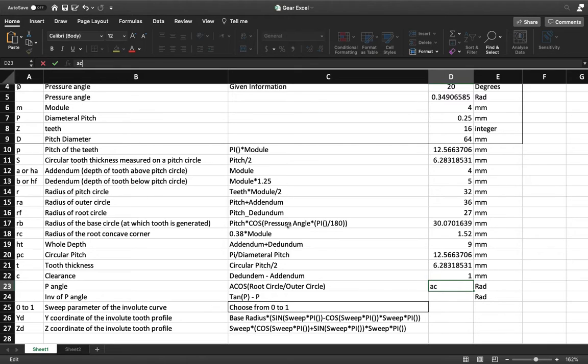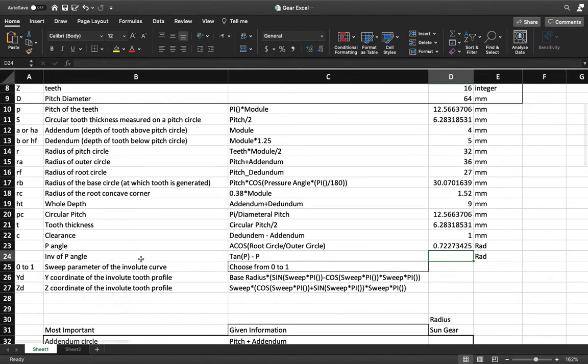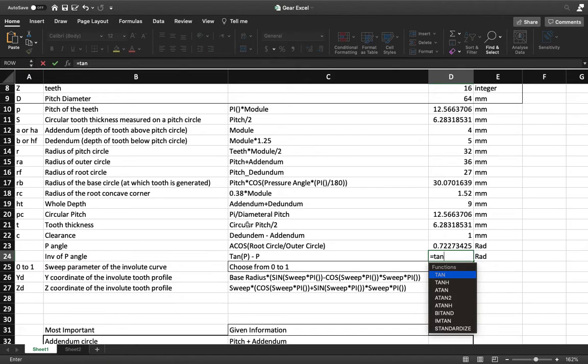Cosine inverse equals root circle divided by outer circle. Here's the root circle divided by outer circle. Inverse of P angle, as you can see, tan the P minus P.